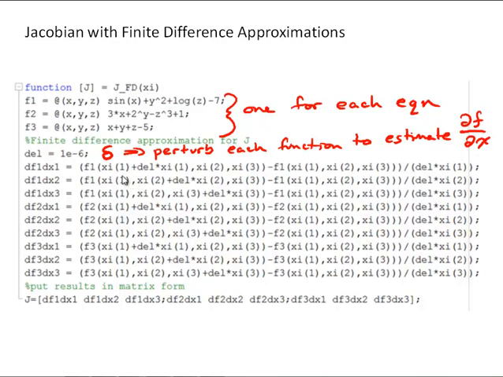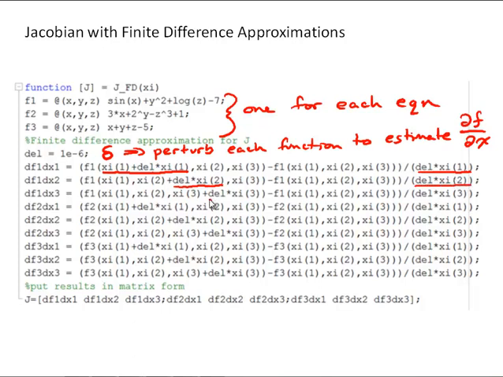So in this first equation, you'll see right here, we will perturb the first variable, x1, in this case that's x, and then divide by del times x1. And in the second one, for df1 dx2, we're going to perturb x2, divide by del times x2.